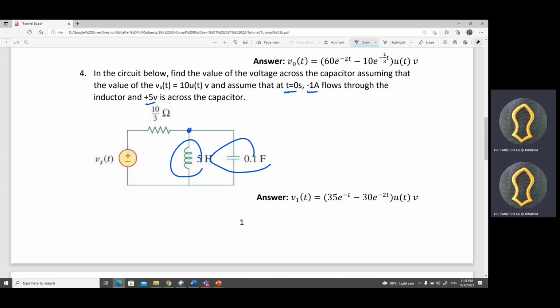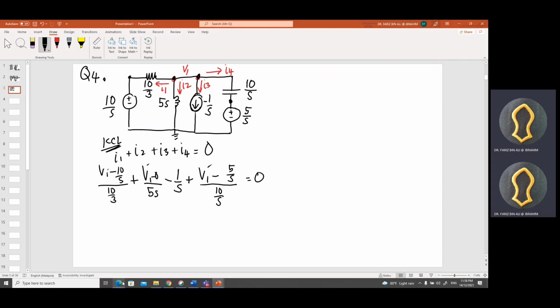So that is the V1 that we labeled just now. If I know my V1, that is the voltage across the capacitor, and the same voltage across the 5 henry inductor, because it is parallel. All right, now your task is to simplify this.